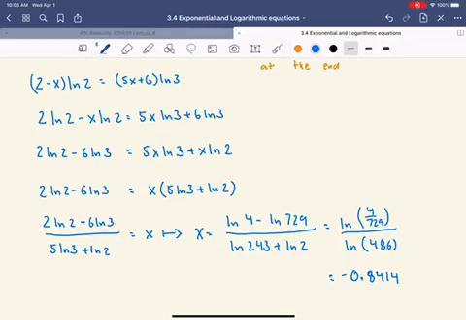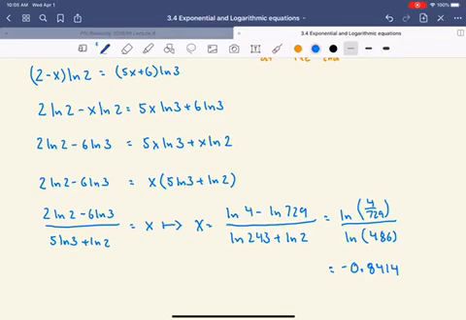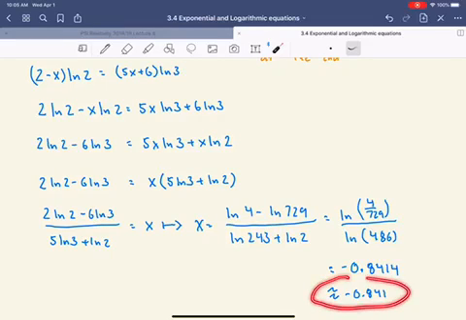Now, I always go one more than what I need, and then I round it. So the rounding is negative 0.841. So that's your rounding to 3 decimal places. All right, I'll be back in the next video.